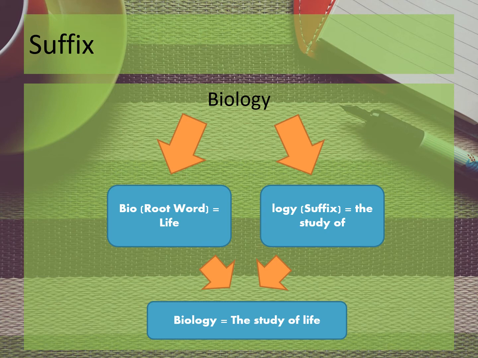Bio has to do with life, things that are alive. Logy means a study of something. So when you combine these two words, you form a new word, which is biology, and you know that biology means the study of life because you combine the same meaning.